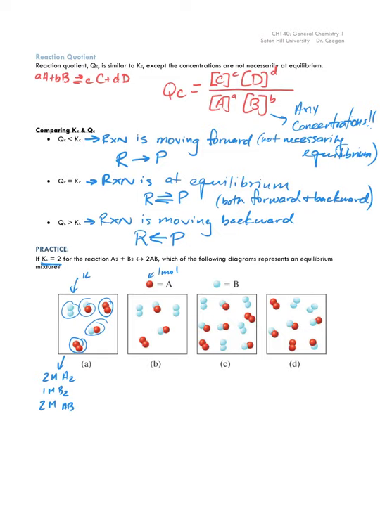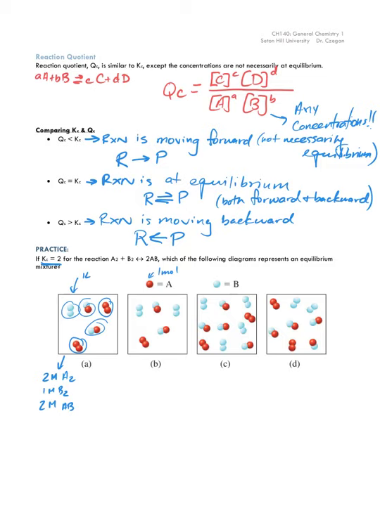And because it's in a 1 liter box, the molarity is just equal to the number of dots. So that's how we get our concentrations. We're going to take those concentrations and plug them into the Qc expression and then compare it to Kc.